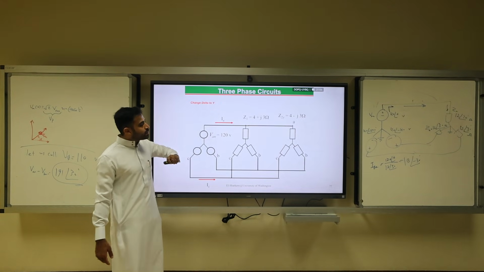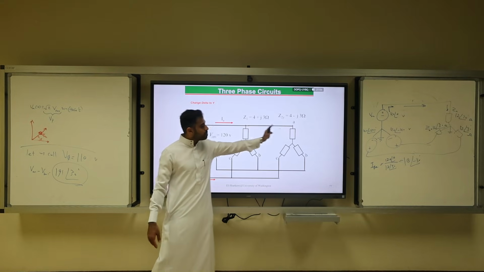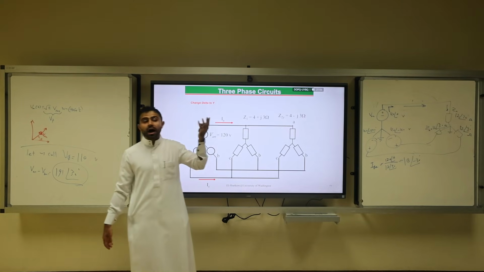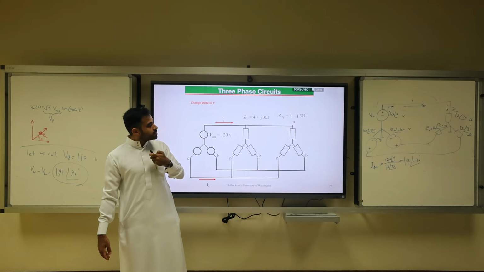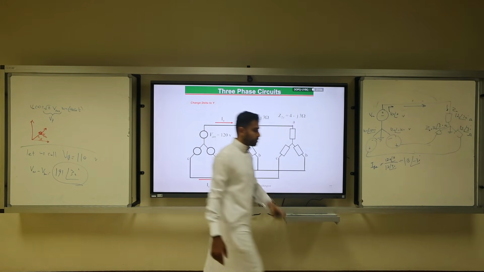The second step is, can I find the parallel combination between the two? How? Single phase. So how to do it? Let's do it by hand.